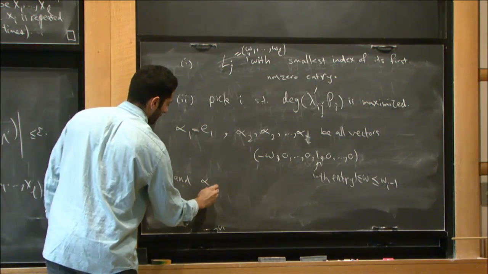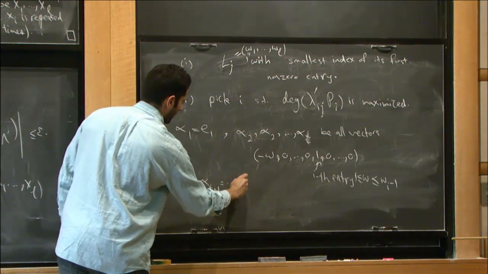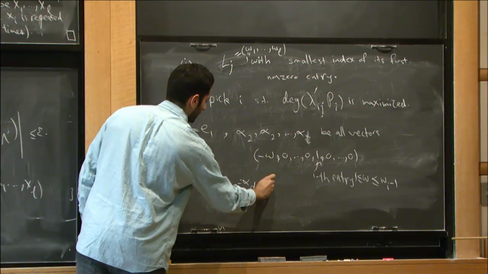And further, we define alpha_{t+1} up to alpha_d to be, again, E1.